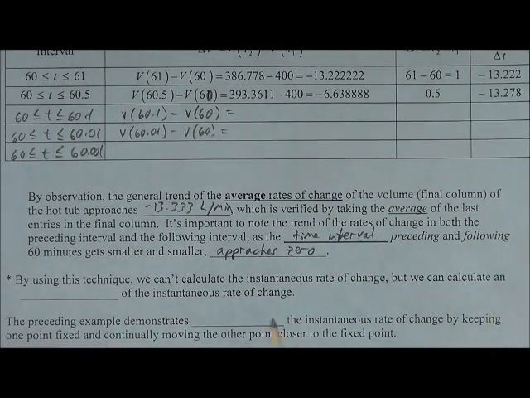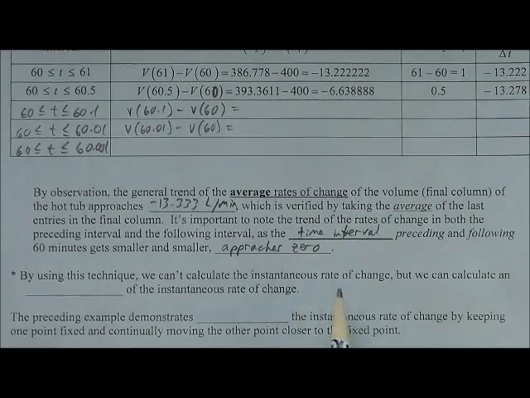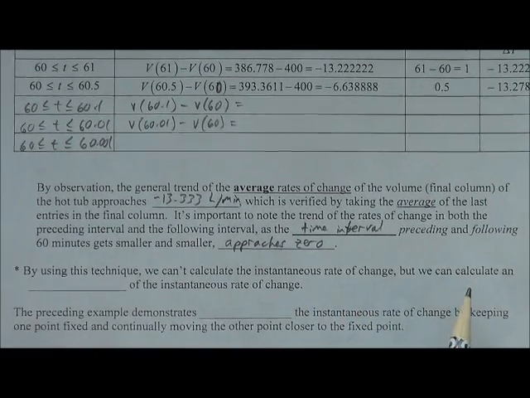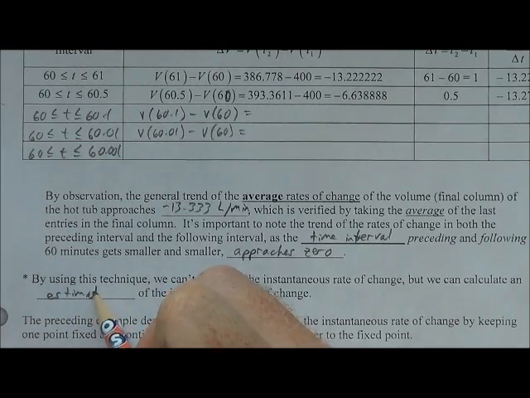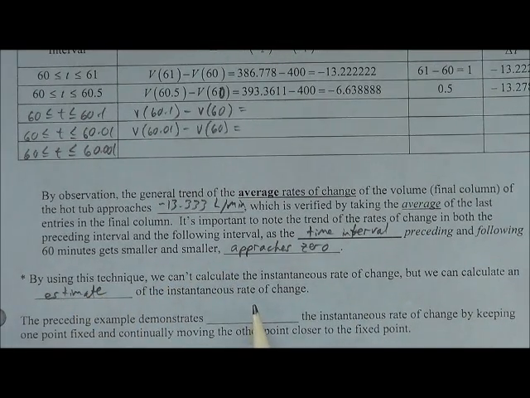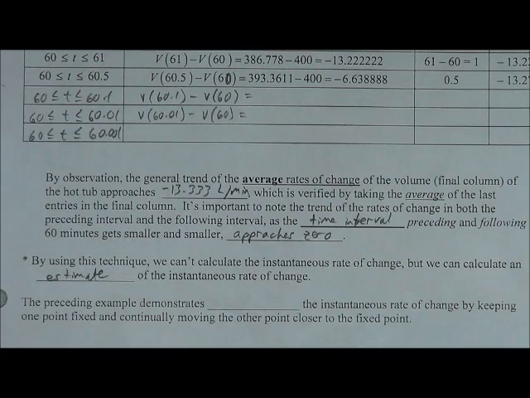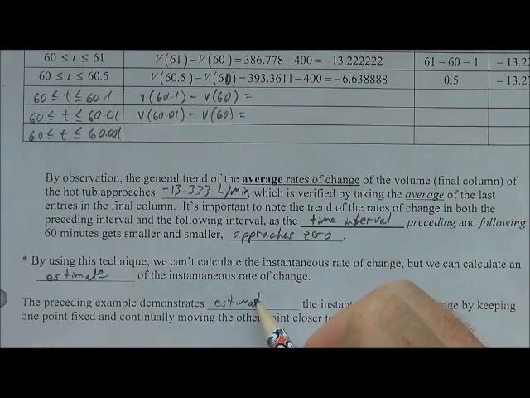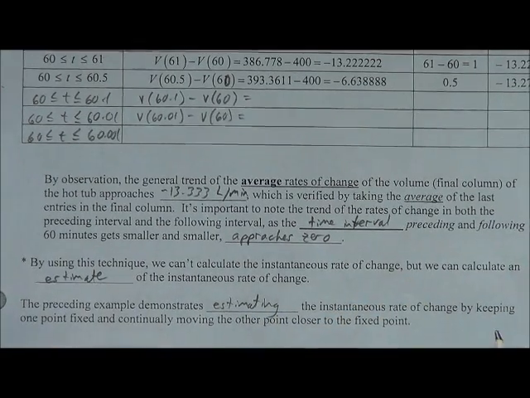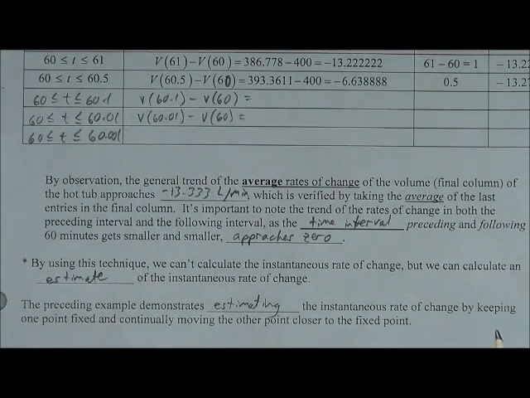By using this technique, we can't calculate the instantaneous rate of change itself, but we can calculate an estimate of the instantaneous rate of change. So this example demonstrates estimating the instantaneous rate of change by keeping one point fixed and continually moving the other point closer to the fixed point.